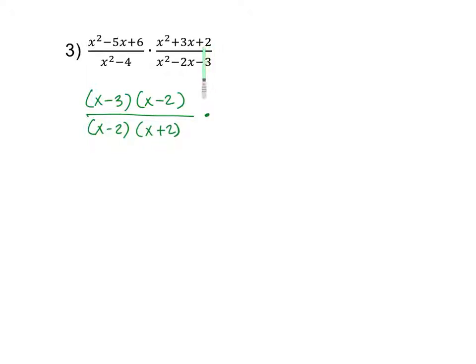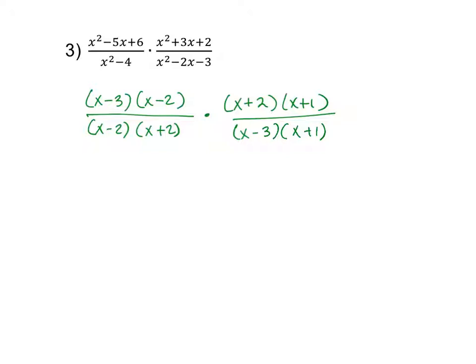Here I can factor that, x plus 2, so it's x plus 2, x plus 1 divided by x minus 3, times x plus 1.